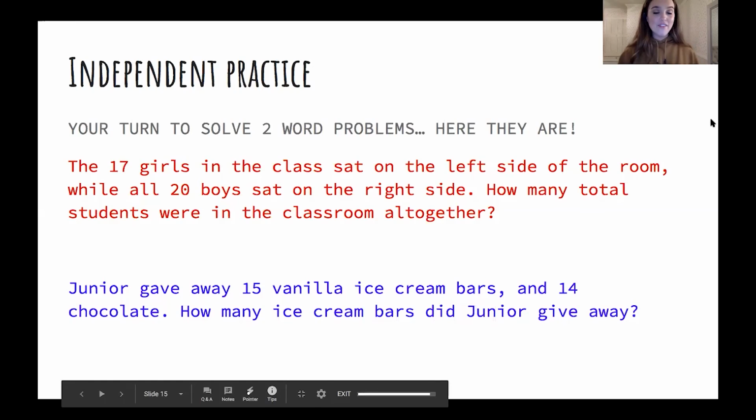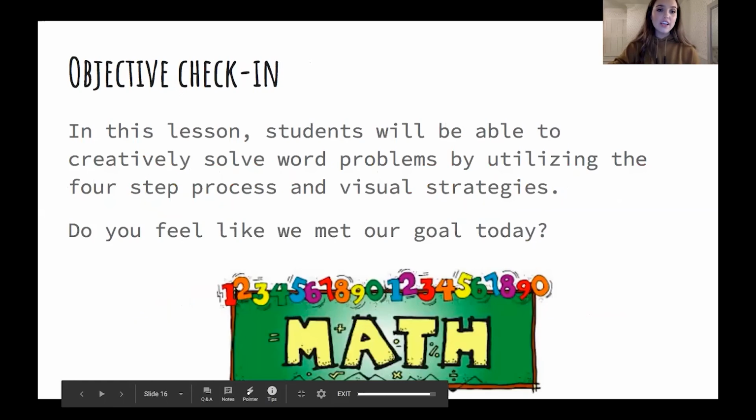There were 37 students in the classroom altogether. So great job if you got that. And the answer to the second question is 29. There were 29 ice cream bars that Junior gave away. So give yourself a pat on the back if you got those. Awesome, awesome job. Thank you for trying your hardest.